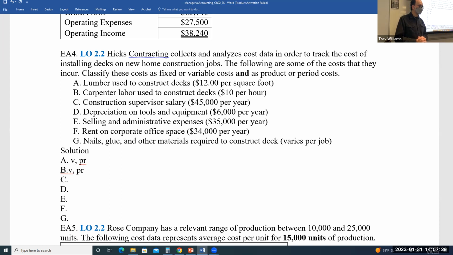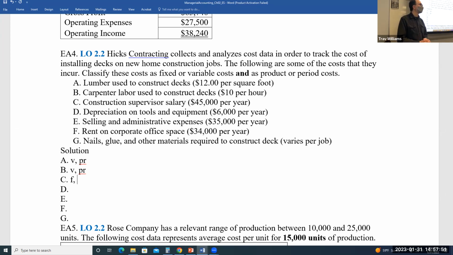Then we've got C, construction supervisor salary. Is that fixed or variable? Fixed. All right, and is it product or period? Well, if it were a supervisor in human resources, it would be a period cost.